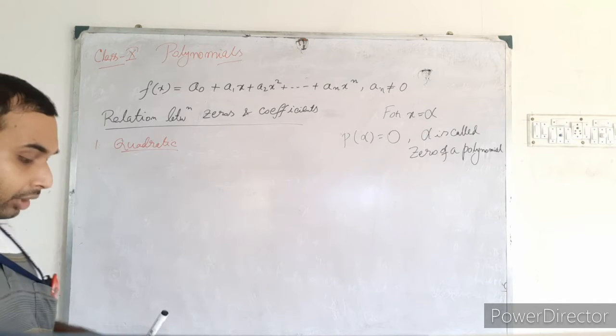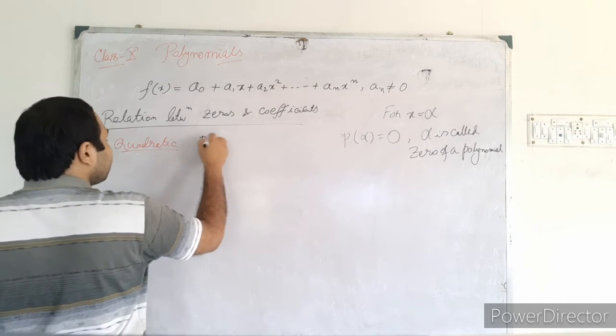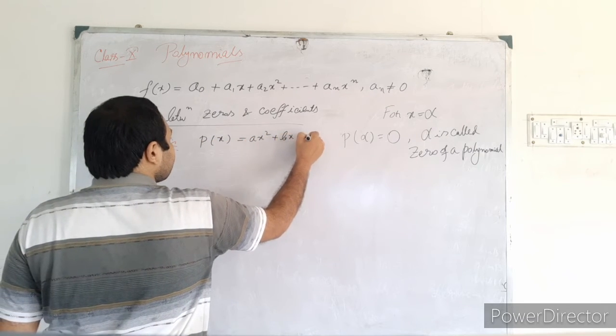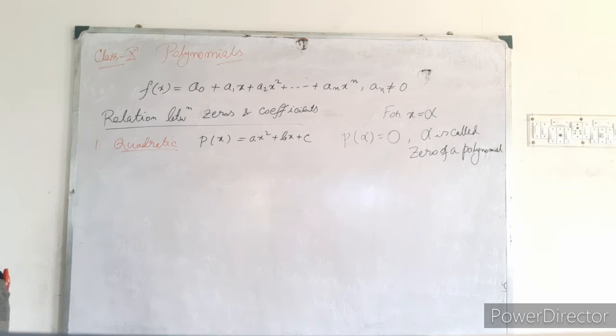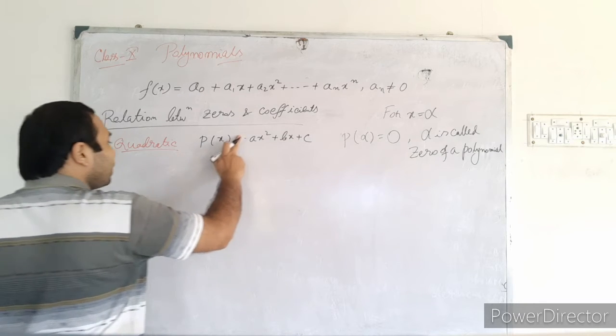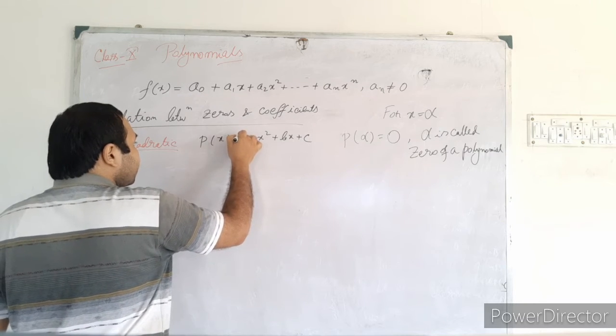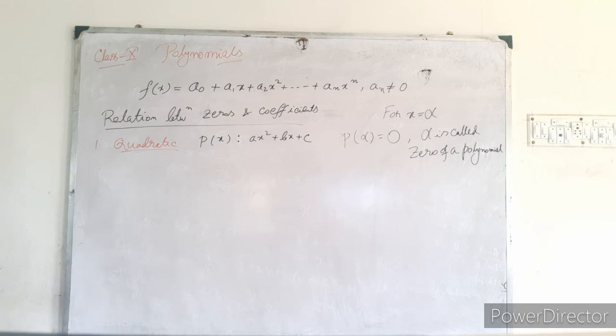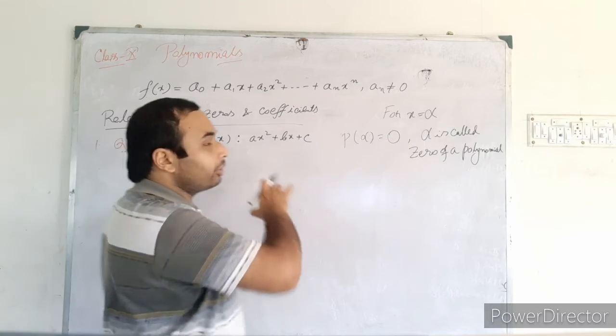Quadratic polynomials are of the form p(x) equals ax square plus bx plus c. Actually we write an equals sign here, but a colon is better. So ax square plus bx plus c is the quadratic polynomial.